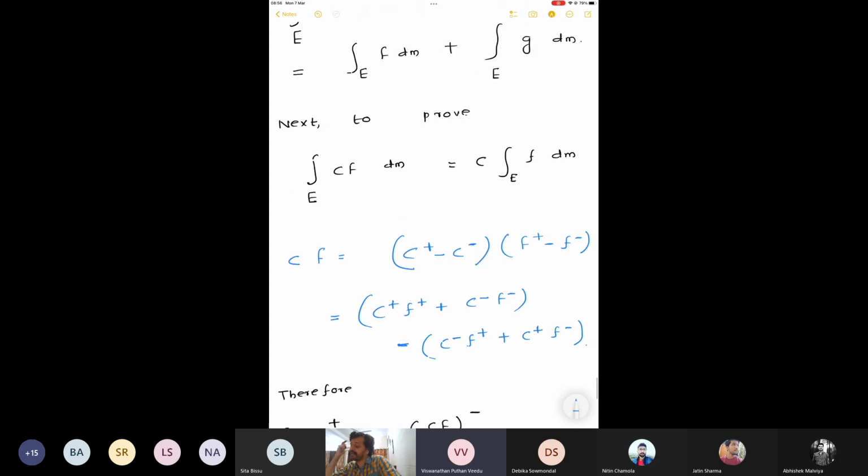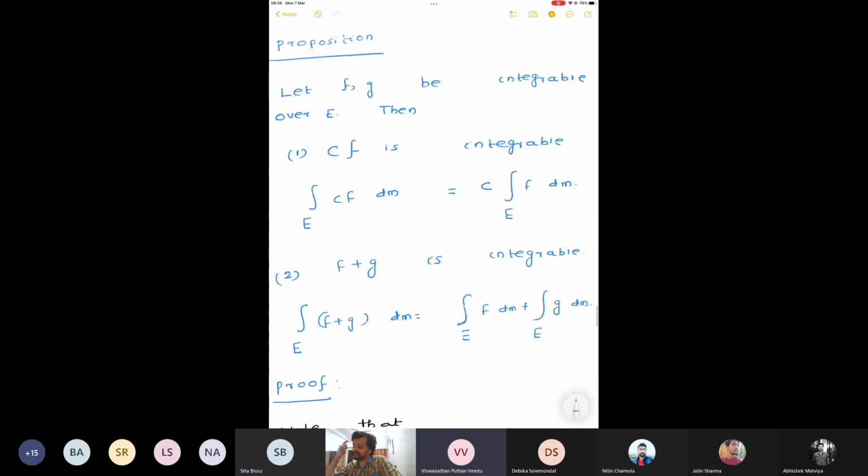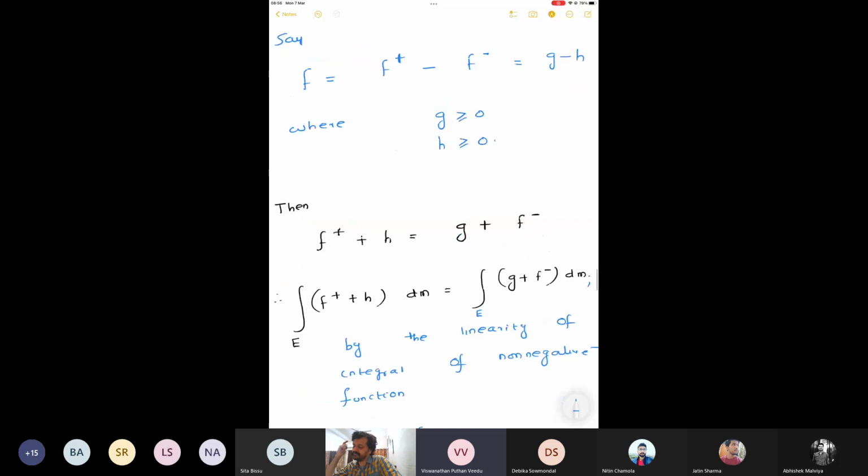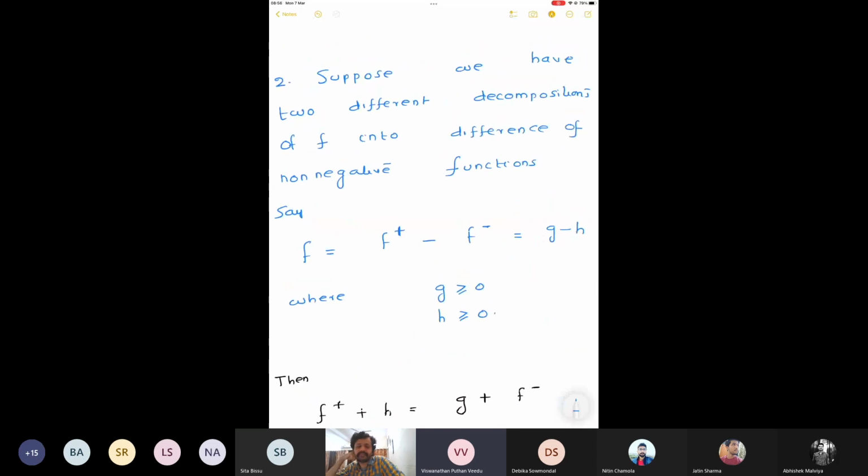Please see the remark that I have given. This remark. Suppose we have two different decompositions of f into the difference of two non-negative functions, then the integral is independent of the decomposition. Yes or no? Yes, sir. So I can write the integral of f plus minus f minus as the integral of g minus h. Am I right? Yes, sir.